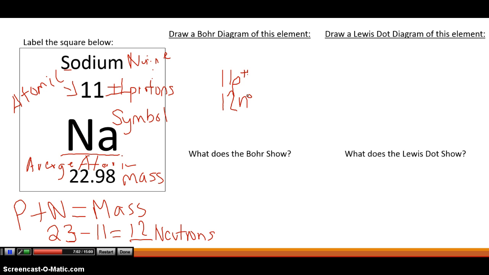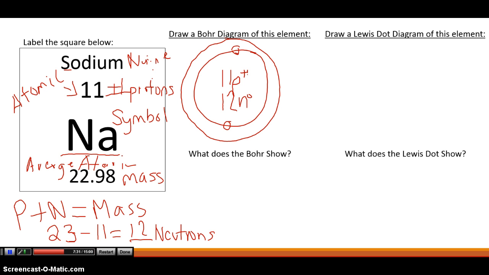For everything we're going to be doing for the next week, everything's going to be a neutral atom. Neutral means that the positives end up canceling out the negatives. Here we've got 11 positives, 11 protons, so we need another 11 electrons to cancel those out. There's an electron, but only 2 fit on the first electron ring.